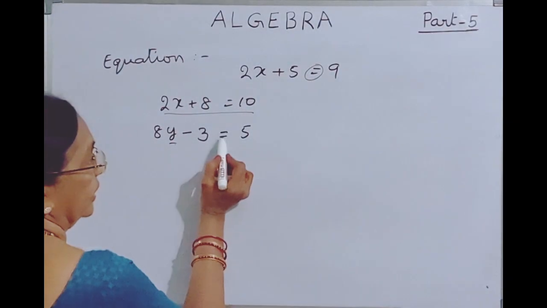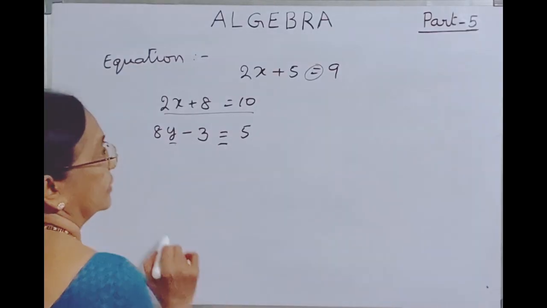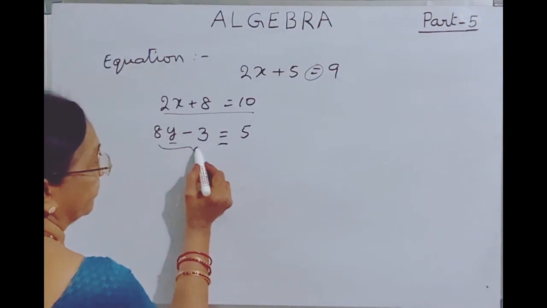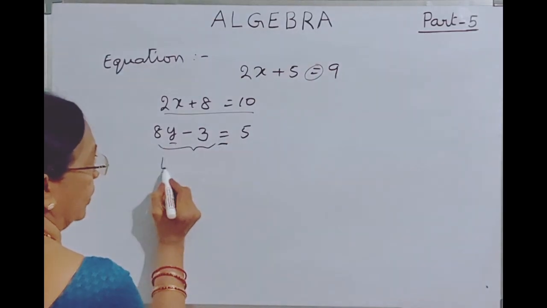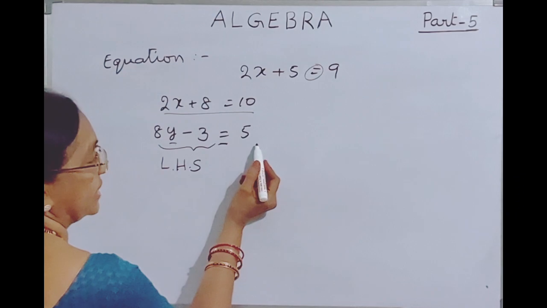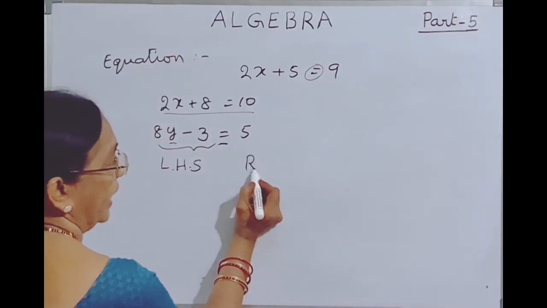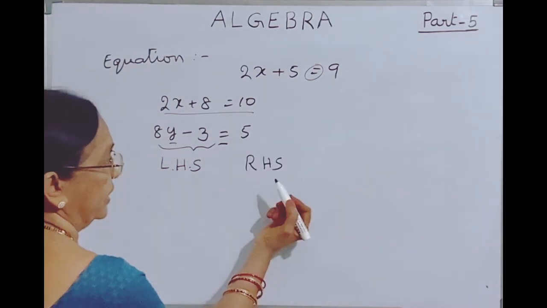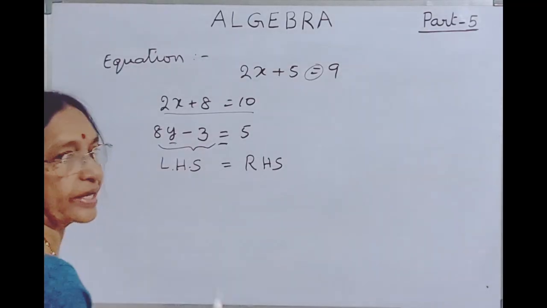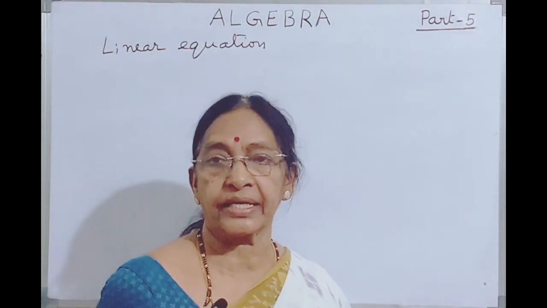So equality sign is a must for an equation. The expression on the left side of the equation is called the left hand side, LHS, and the expression on the right side is called the right hand side of the equation, and the left hand side is equal to the right hand side.